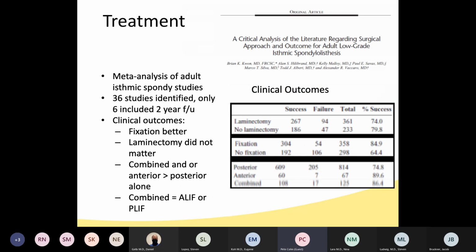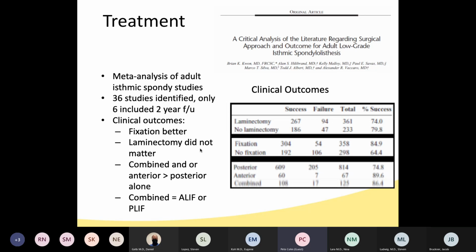So this was a meta-analysis looking at 36 different studies. Really, they only included 6 that had appropriate 2-year follow-up. They were looking at treatment options and types of fixation for surgical intervention for isthmic spondylolisthesis specifically. What they found was that instrumentation did have a higher success rate, 84% versus 64%.